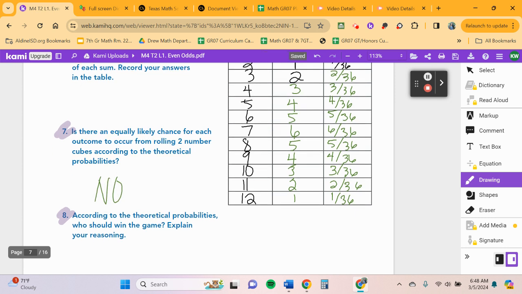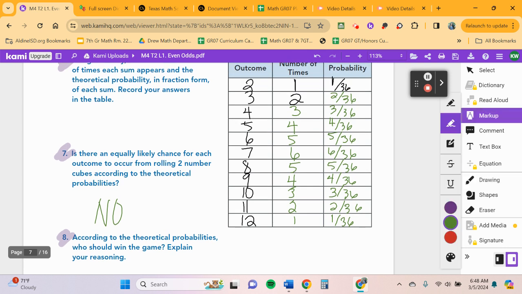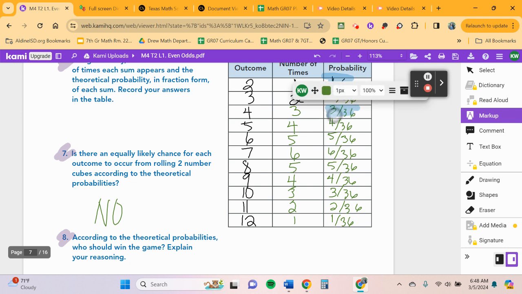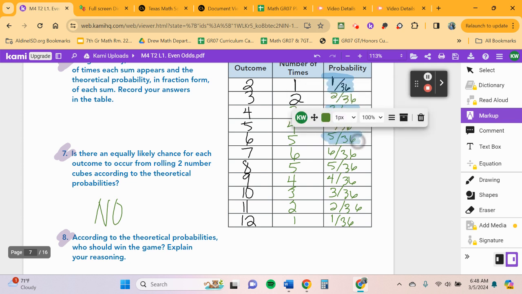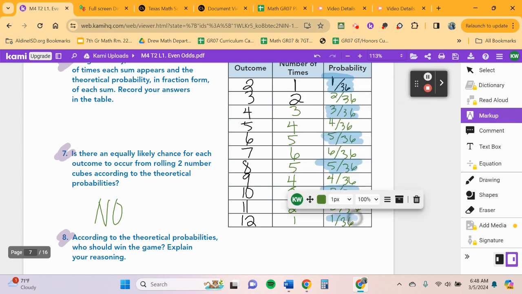And number 8, according to the theoretical probabilities, who should win the game? So let's look. Let's calculate our even sums and our odd sums. So I'm going to use blue for Joel since he's our even. So rolling a 2 outcome is even, a 4 is even, a 6, an 8, a 10, and a 12 is even.